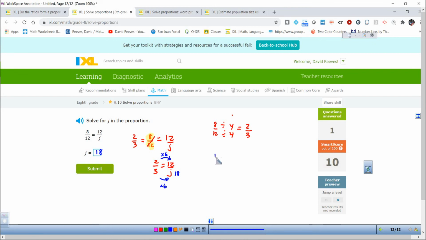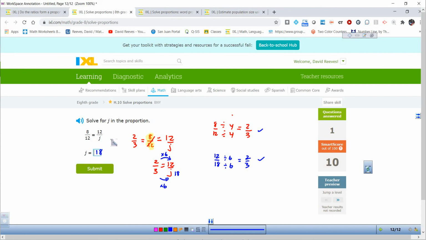Just a quick check, if I divided both 12 and 18 by the greatest common factor of 6, what would I end up with? 2/3. So 8/12 and 12/18 are equivalent to 2/3. So the denominator I'm looking for is 18.